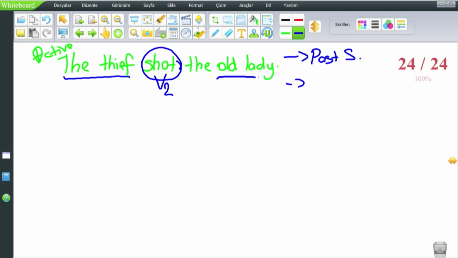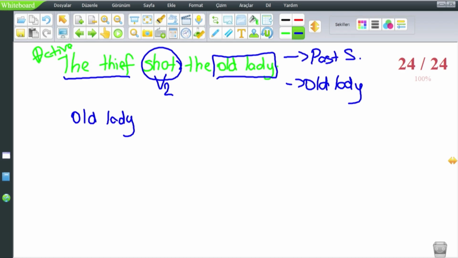I'm looking at the object, old lady. Old lady got affected by the verb. Old lady was shot by the thief.